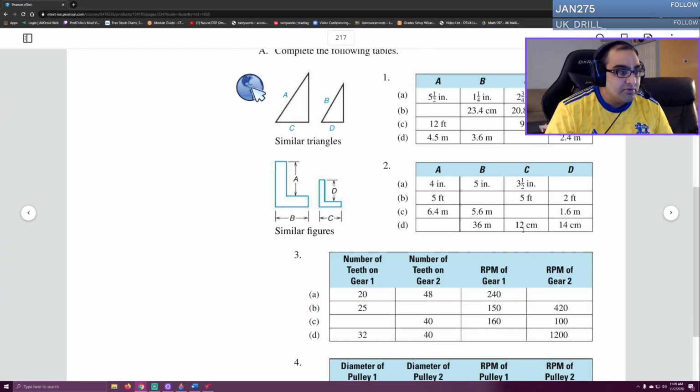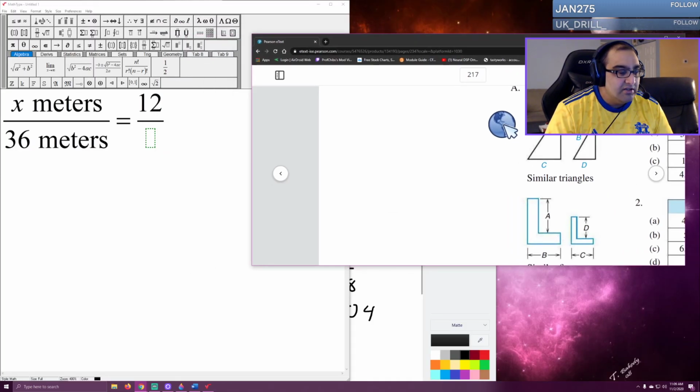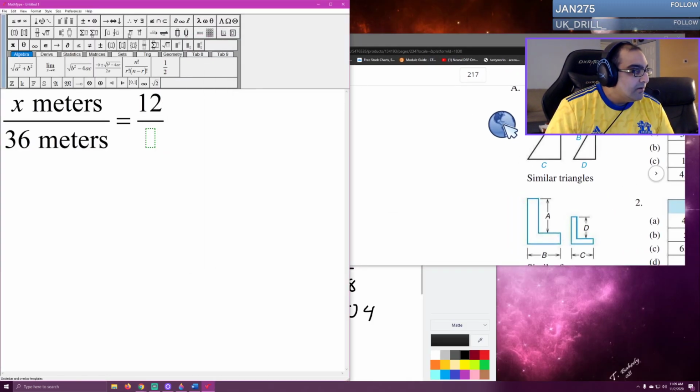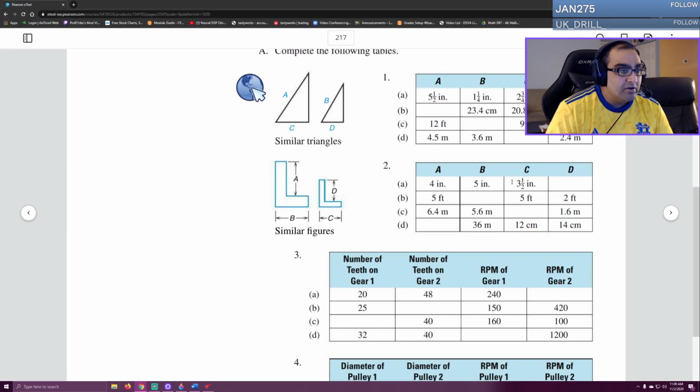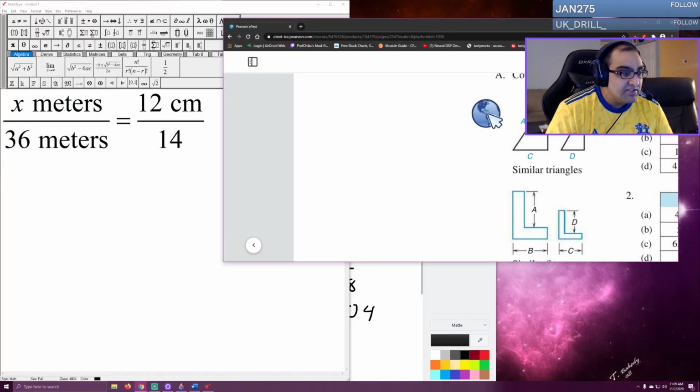Let's go back. Again, we have 12 centimeters, 14 centimeters for C and D. And then on the bottom, we have 14 centimeters.